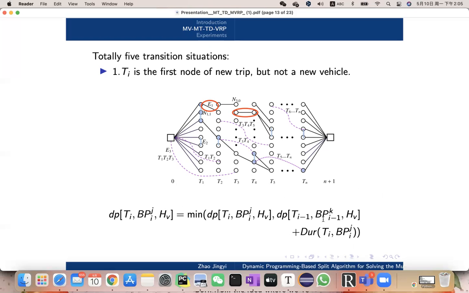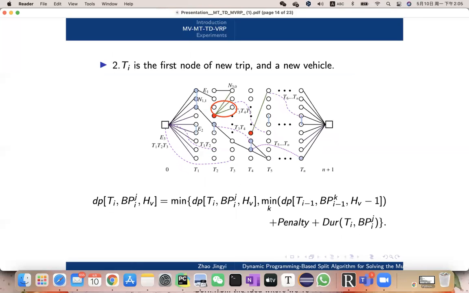We update from Ti minus 1's departure time, breakpoint I minus 1, K. So it must satisfy that the K-th breakpoint of Ti minus 1 is early enough to ensure that it can go back to the depot, depart again, and reach Ti in time.